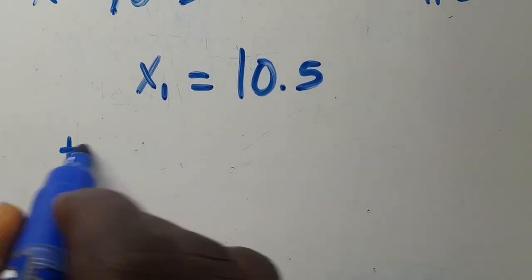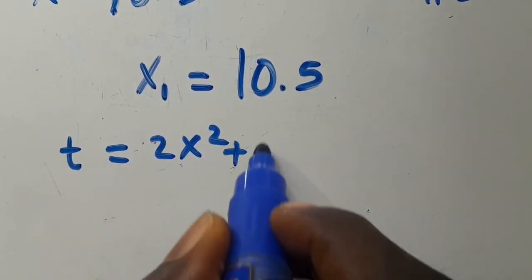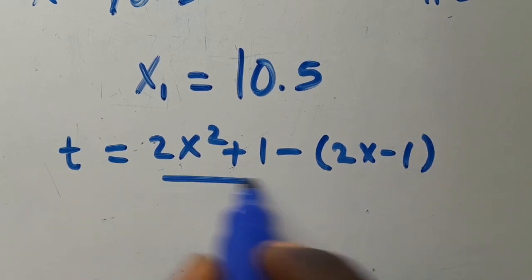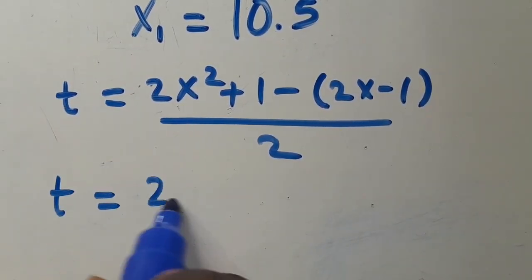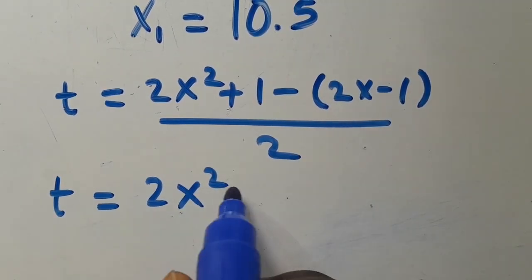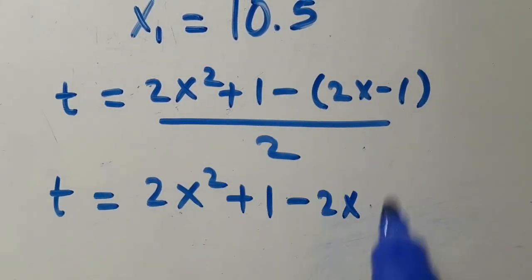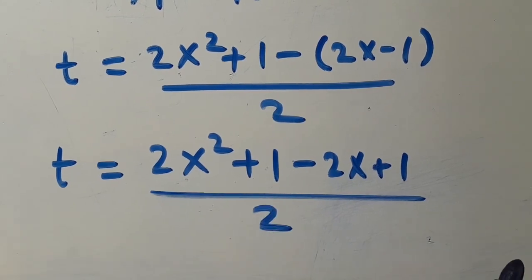Then secondly, let's recall that we also have t equals 2x squared plus 1 minus 2x minus 1, all divided by 2. Then we have t equals 2x squared plus 1. Minus times this will be minus 2x. Minus times this will be plus 1. Then all divided by 2.